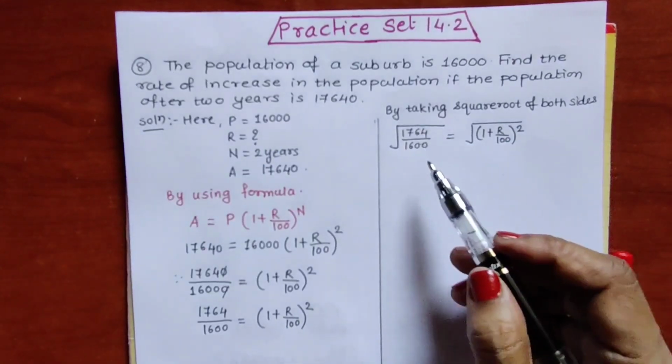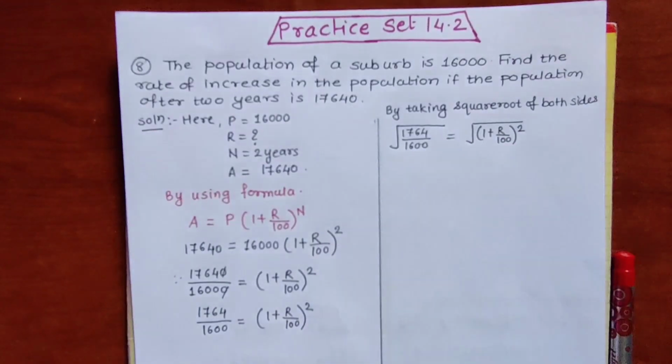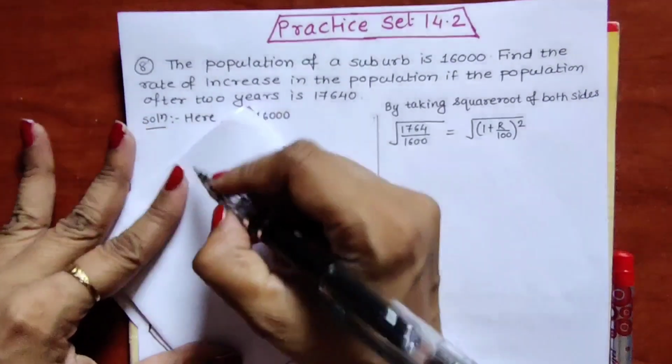Now 1764 is square of which number? If you multiply 42 by 42, I will show you on my page what we will be getting. 42 multiplied by 42.